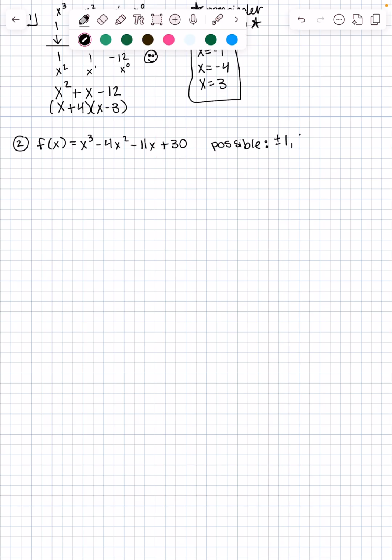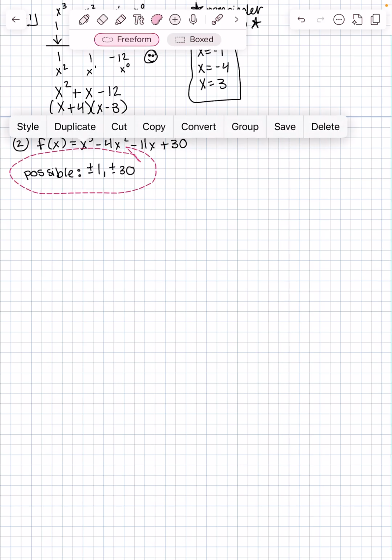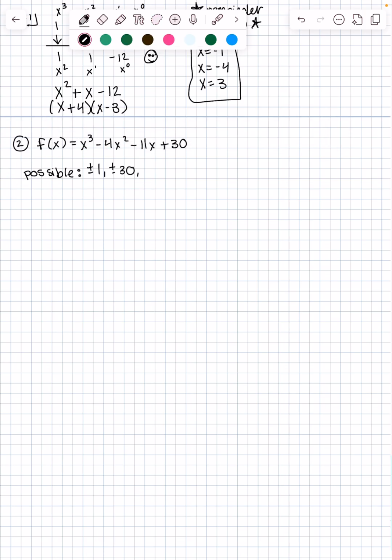Plus or minus 1, plus or minus 30. I might need more space. Let's actually move this down here. Okay, plus or minus 30, plus or minus 2, plus or minus 15, plus or minus 10, plus or minus 3, and then plus or minus 5, and plus or minus 6, divided by the factors of my leading coefficient.